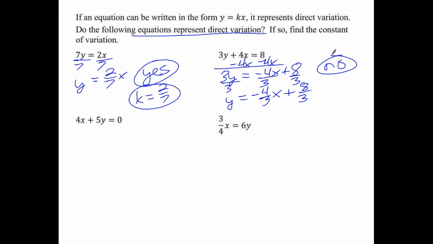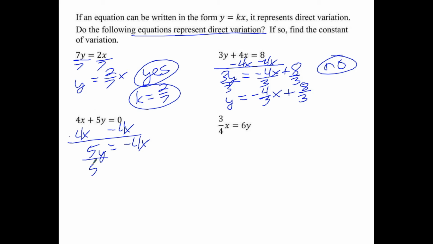The next one. 4x plus 5y equals 0. We got to get the y by itself. So we subtract 4x from both sides. Okay, 5y equals, thank you, negative 4x. And then?